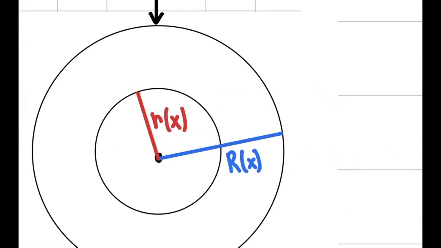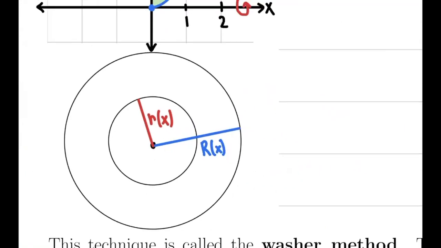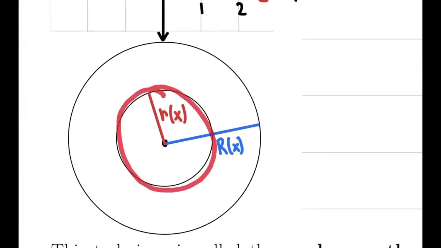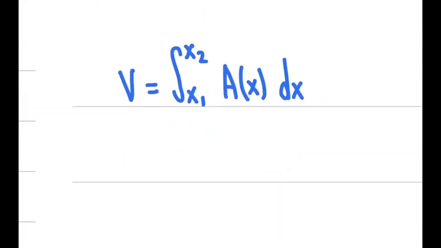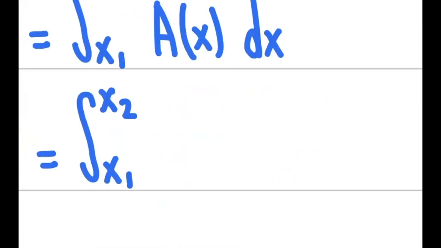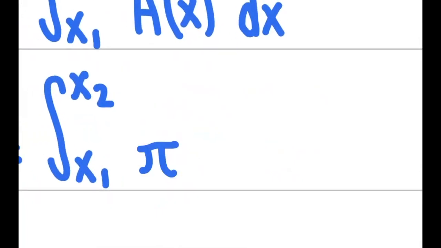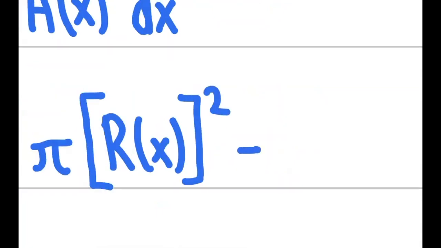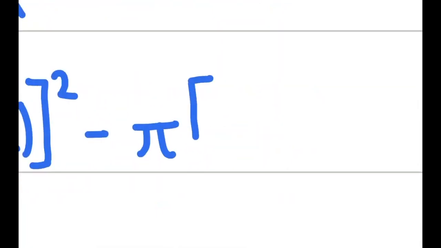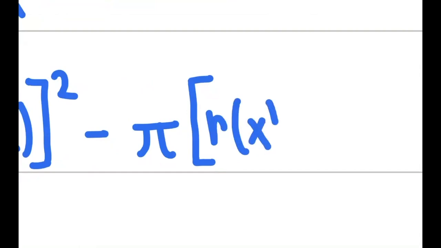To find the area of the washer, we need to subtract the area of the inner disk, which is the hole, from the area of the outer disk. So let's plug that into the area function. This is going to be pi times the outer radius squared minus pi times the inner radius squared.